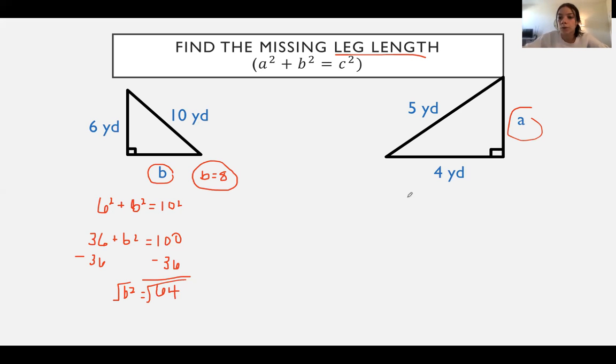Then for this next one, we have a squared plus 4 squared equals 5 squared. Again, we're going to solve for a squared. 4 squared is 16 and 5 squared is 25.